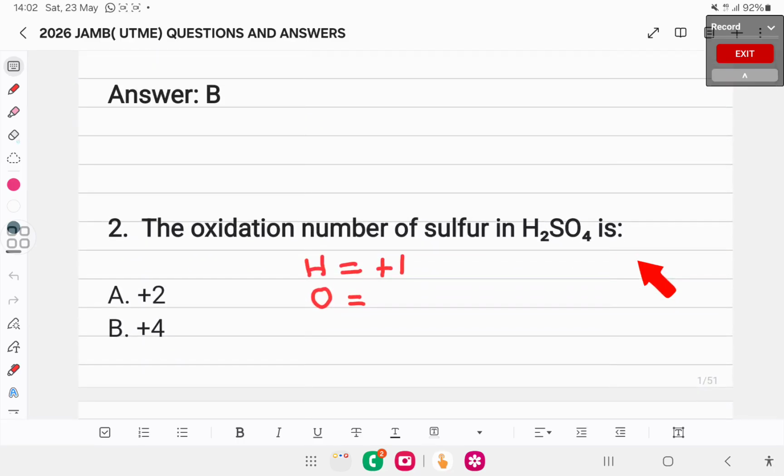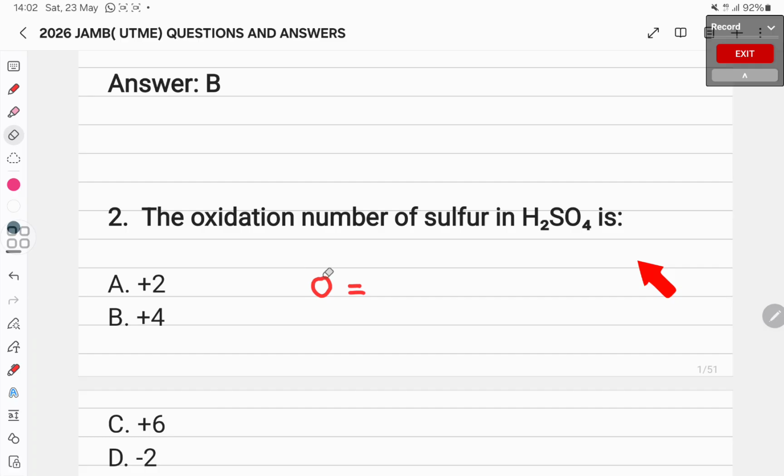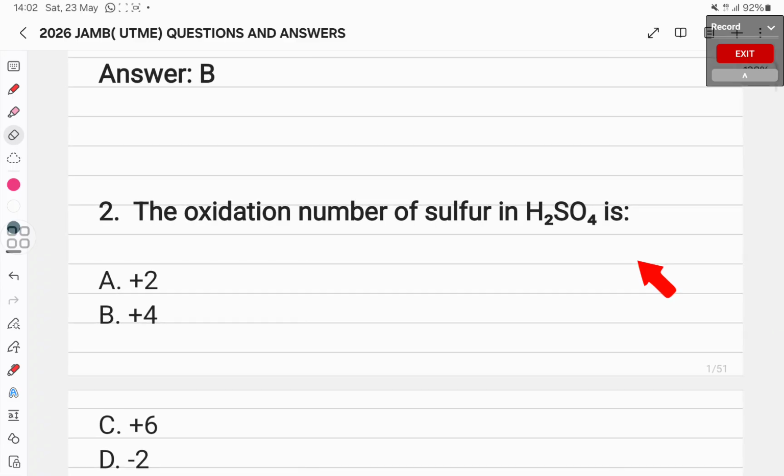Question number 2. We want to calculate the oxidation number of sulfur in H2SO4. There are certain rules that every student needs to be familiar with, which are called the rules of oxidation number.